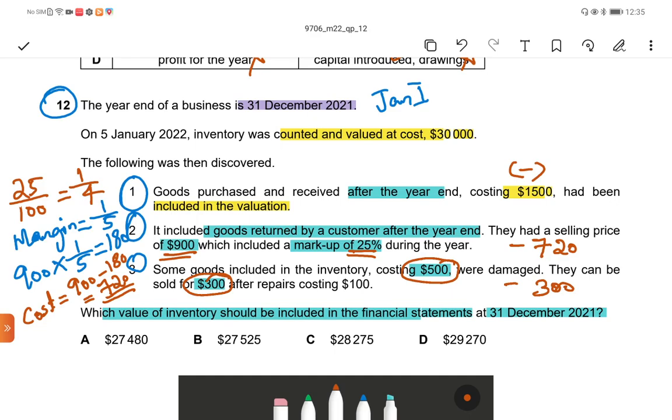So what is the correct answer? The cost of the goods was 30,000.